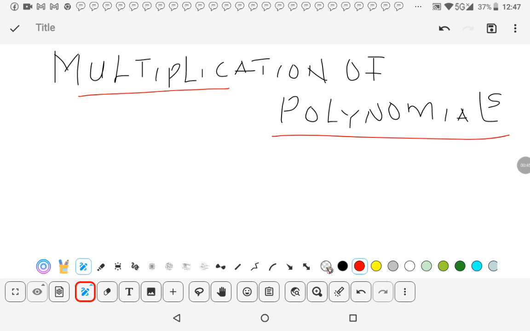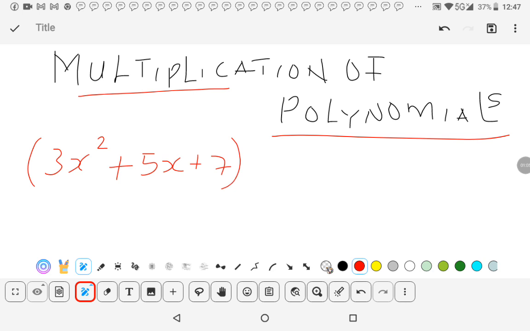For instance, if you're to add this polynomial expression, we have 3x squared plus 5x plus 7.